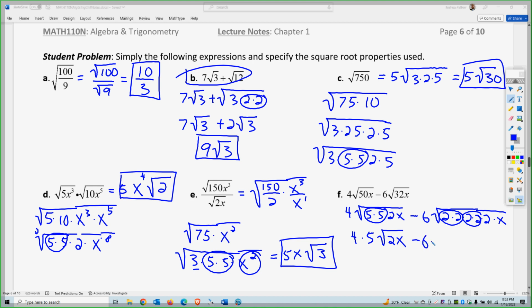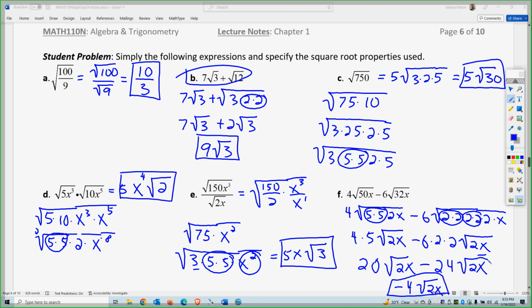So minus 6 times 2 times 2 root, and there's a 2x left over. So we have 20 root 2x minus 24 root 2x. Now these are like terms, so I get negative 4 root 2x as our final answer. Okay.